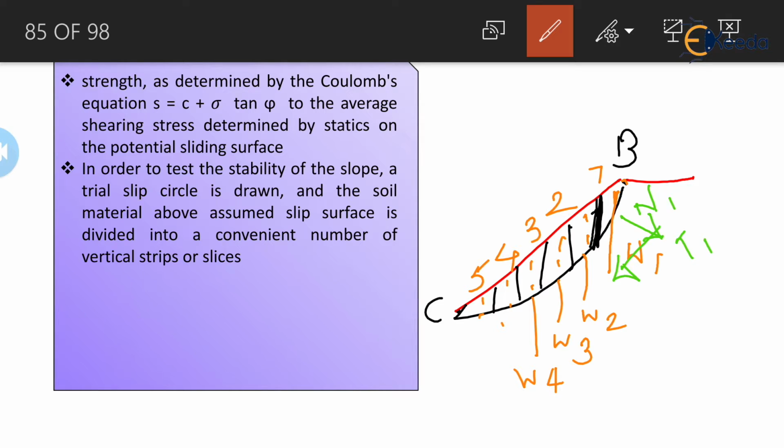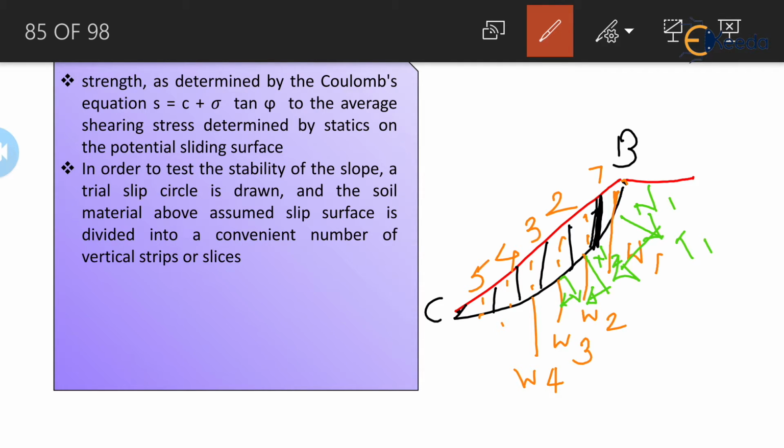So once you get N1, again from this point, parallel to the upstream section, you will get N2, and then for this section you will get N3.